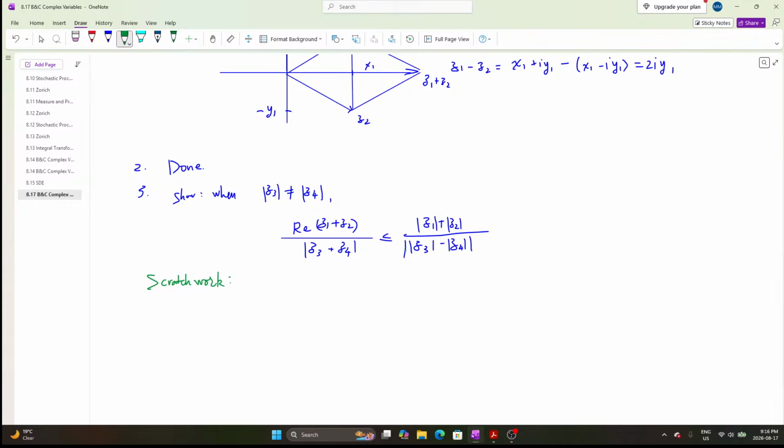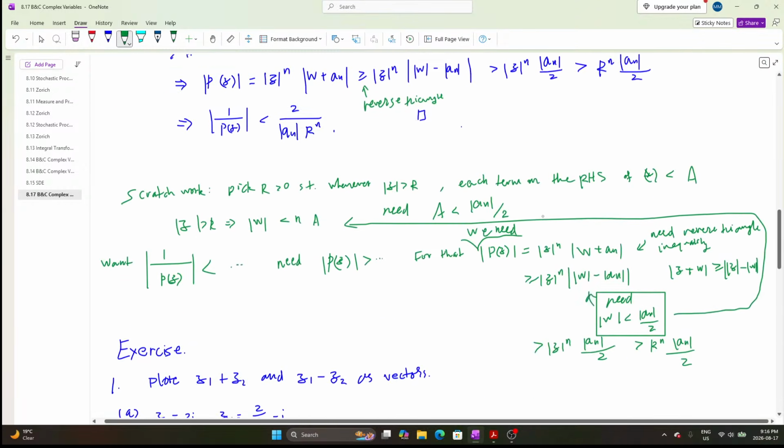But looking at the denominators on both the left and right hand side, this looks like a reverse triangle inequality. So let's write that down. And this is often the case. The reverse triangle inequality is most likely to be used on the denominator, based on our experience. And this is the pattern.